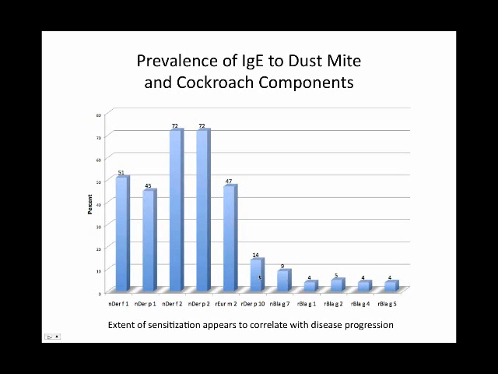These are the tropomyosins, the ones that will cross-react with shellfish, and there's actually a very high correlation when I looked at the other tropomyosins. So if you have sensitivity to DER-P10, there's a likelihood that you might have a reaction to shellfish.